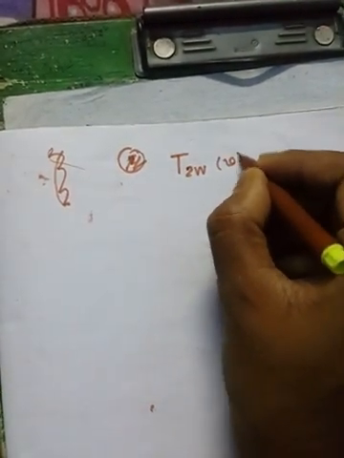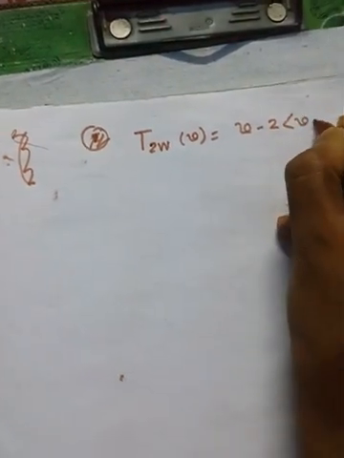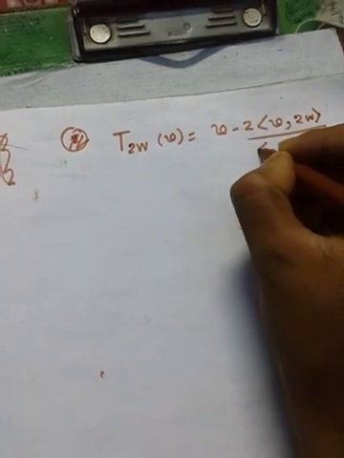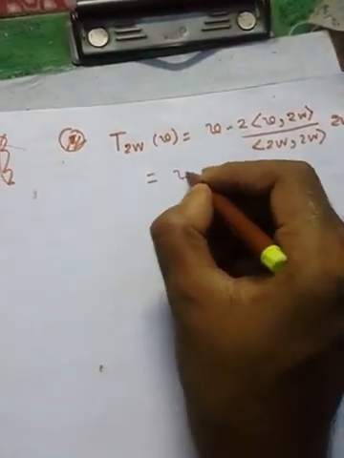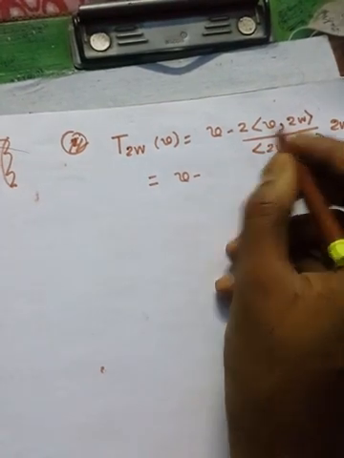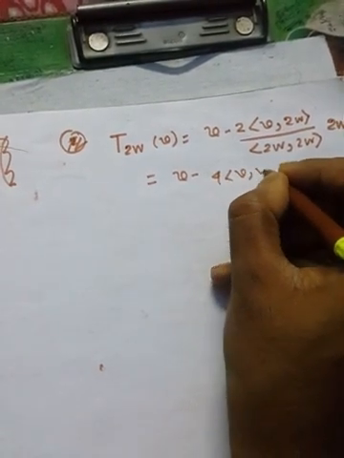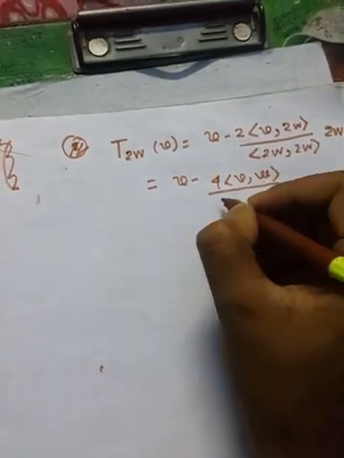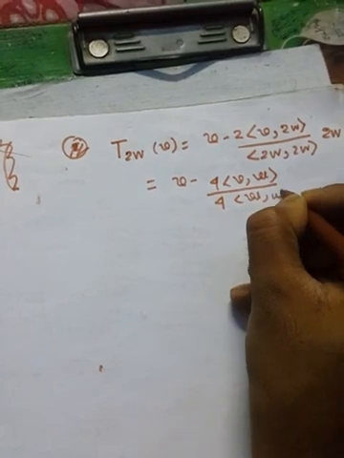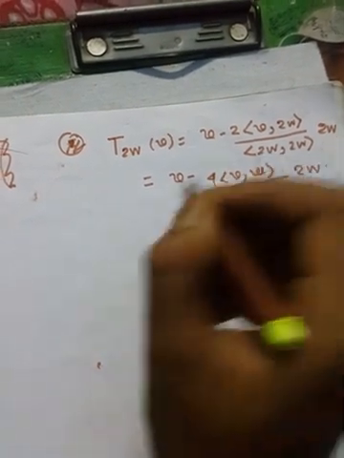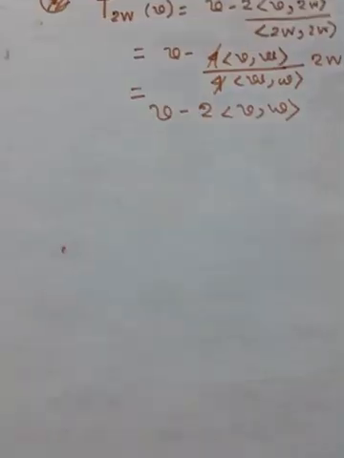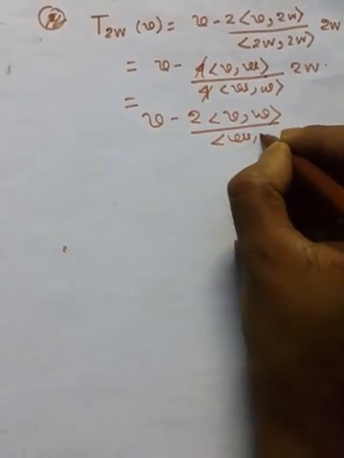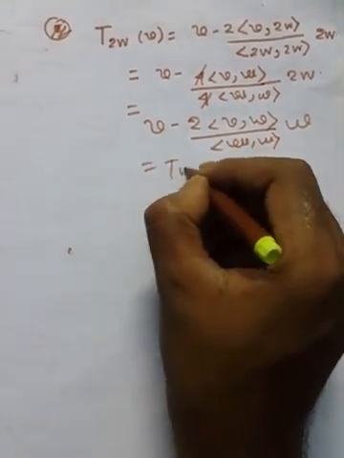Now T of 2W equals V minus 2 times the inner product of V with 2W, divided by the inner product of 2W with 2W, times 2W. So this is equal to V minus 4 times the inner product of V and W, over 4 times the inner product of W and W, times 2W. The factors cancel, so this is V minus 2 times the inner product of V and W over the inner product of W and W, times W, which is actually TW.